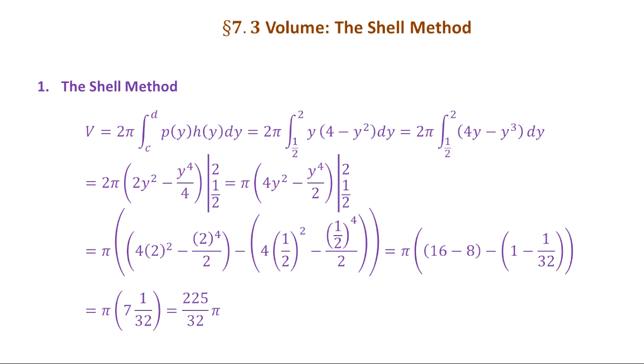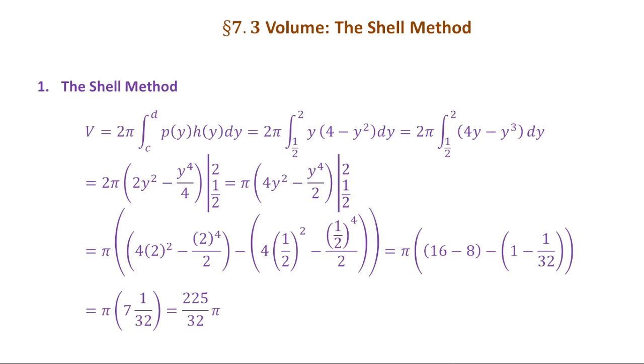I'm not going to go into the details of the numbers, but you need to do a little fraction work. Plug in 2 for the function 4y squared minus y to the 4 over 2, plug in 1/2 for the same function, then subtract and simplify. At the end, you get 225 over 32 times pi. That's the answer.